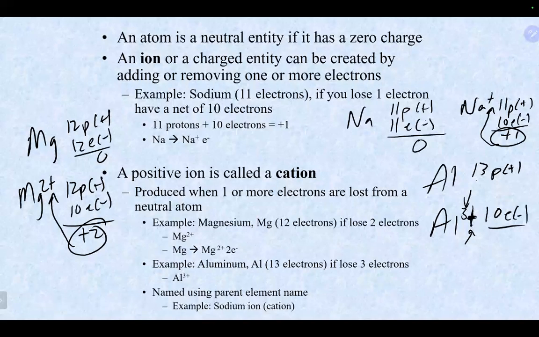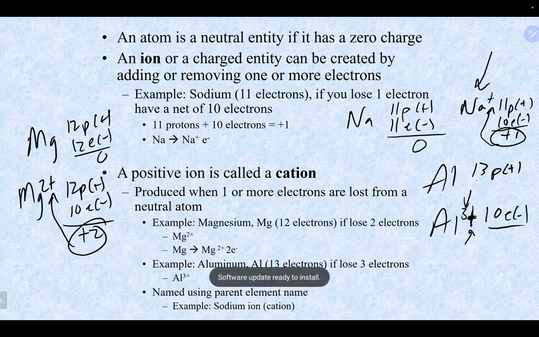Cations, if we have the cation by itself, not attached to anything else, but you just have the form of something that is a cation that has a positive charge. The way we go about naming it is we simply just use the whole entire name. So our Na+ here, this would be the sodium ion, just the whole name of it. We put ion at the end because it has a charge.